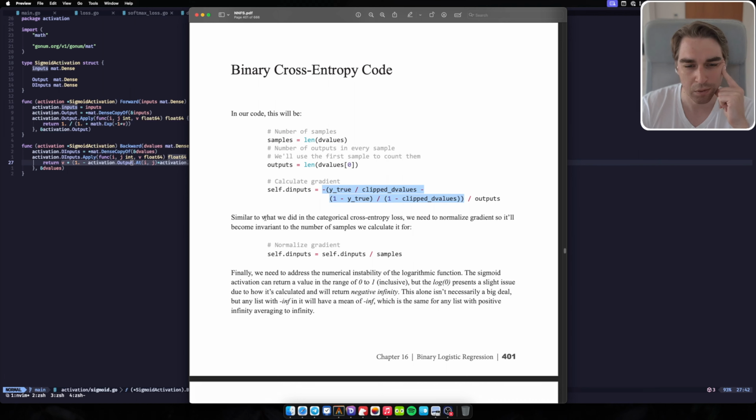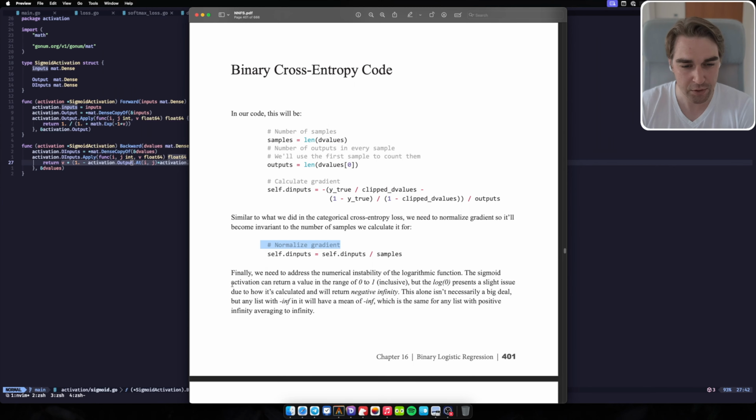Similar to what we did in the categorical cross entropy loss, we need to normalize gradients so they become invariant to the number of the samples we calculated for. Finally, we need to address the numerical instability of the logarithmic function.